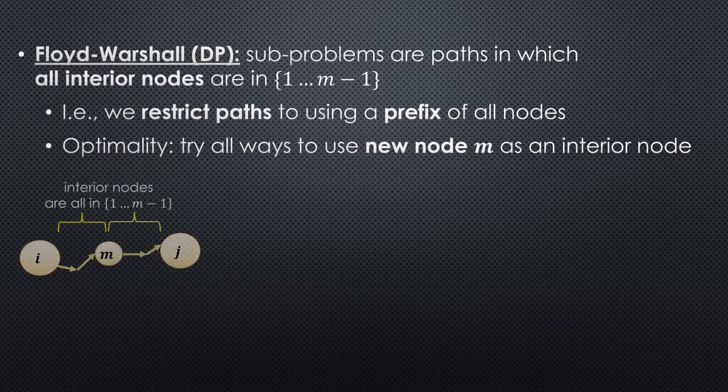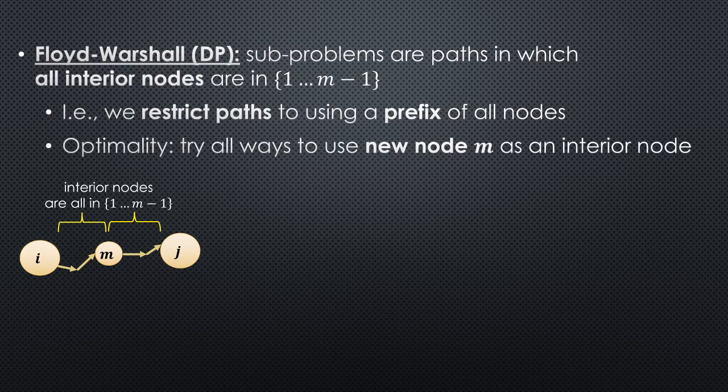And to ensure optimality, we argued optimal substructure last time we talked about this. We can't tell which particular nodes are being used on the path from i to j, but whenever we talk about increasing the size of our subproblems by 1, where we're now allowed to use the first m nodes, compared to subproblems where we're allowed to use the first m-1 nodes, we can use this node m.